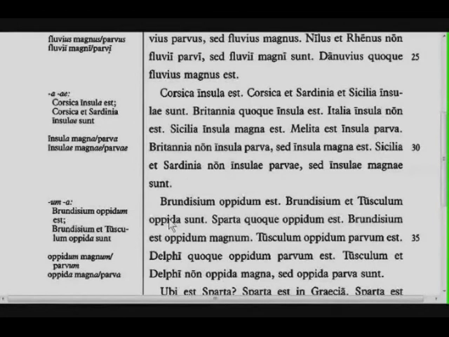Just like we had insula and insulae and fluvius and fluvii, here we have a singular noun, oppidum, and the plural form oppida. This noun is neuter, the third of the three genders. So oppidum being singular town, oppida being plural towns. And that's the last gender that you have to learn.